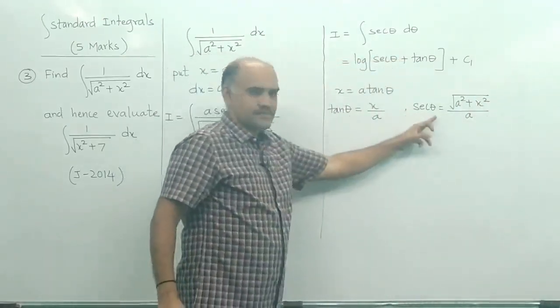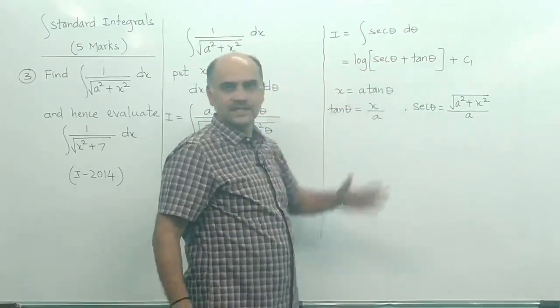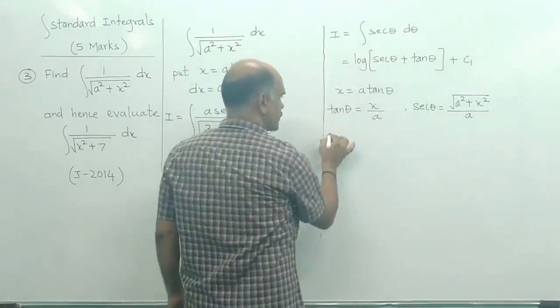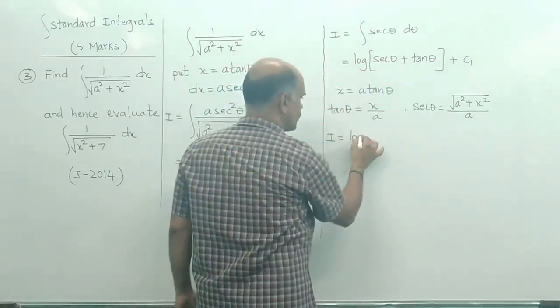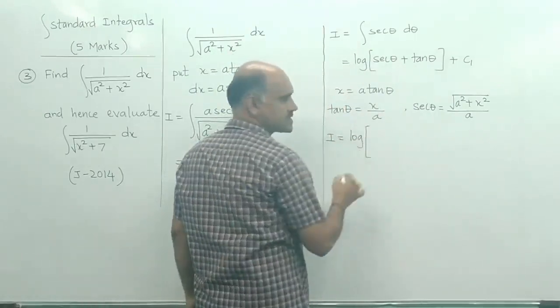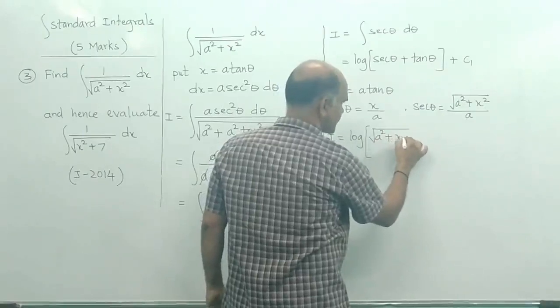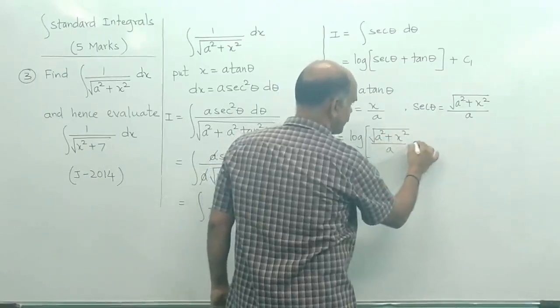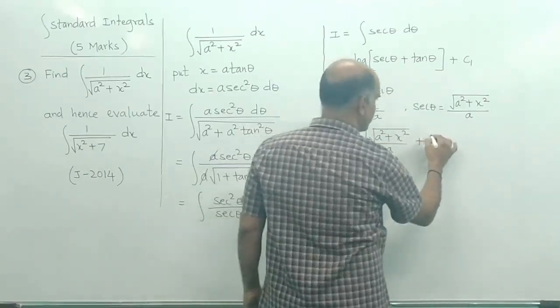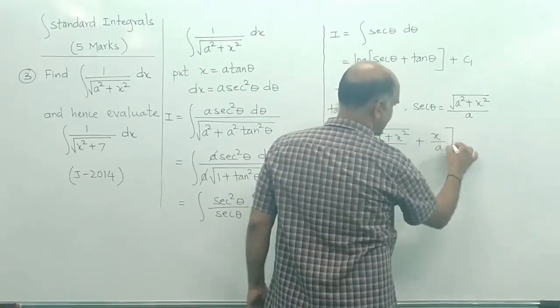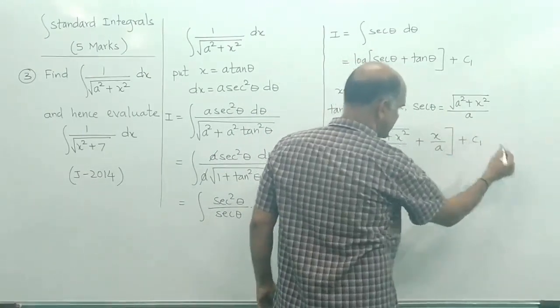So again substitute both these in our answer. So we'll have I is equal to log of (secant theta, which is root of a square plus x square by a, plus tan theta, which is x by a) bracket complete plus c1.